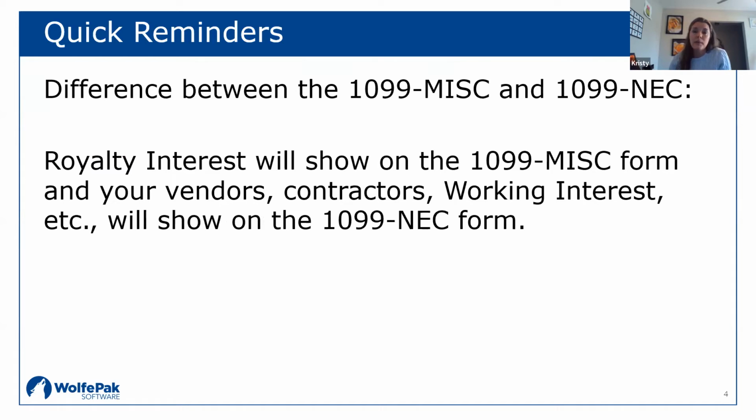And so you'll have two sections in the 1099 module, one for the 1099 miscellaneous and one for the 1099 NEC. When you do those extracts for AP and revenue, it will go into the appropriate form and you'll be able to see those through payee maintenance.